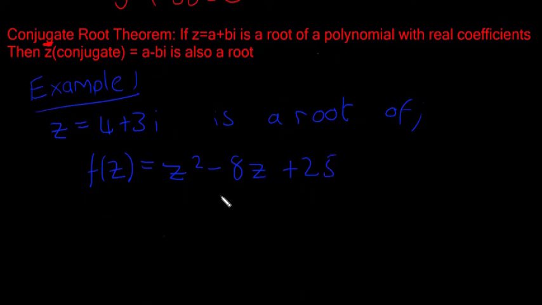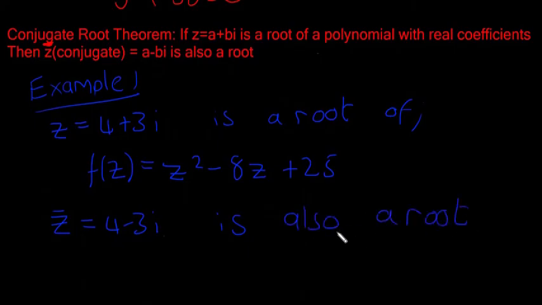So this is our quadratic, and we know that z equals 4 plus 3i is a root of this. The conjugate root theorem will tell us that z bar equals 4 minus 3i is also a root. And that's all it says, but it's still really helpful.